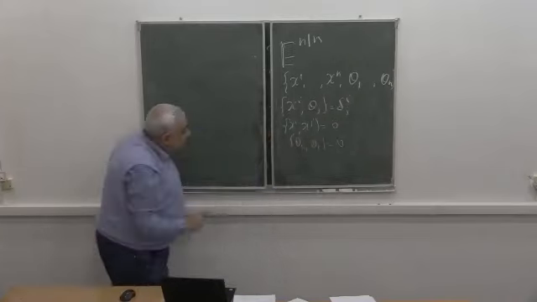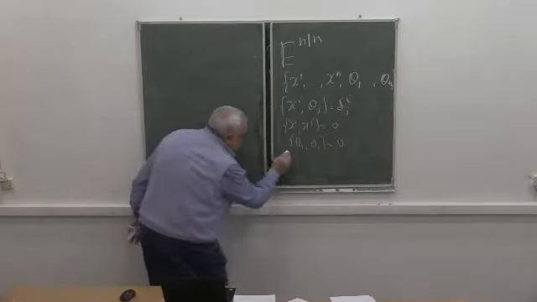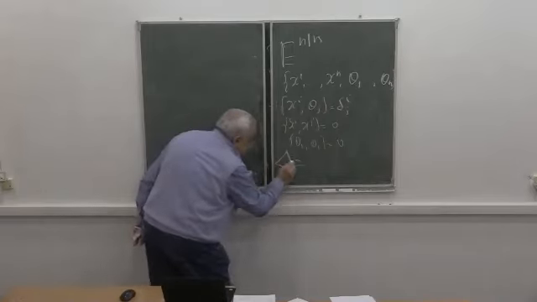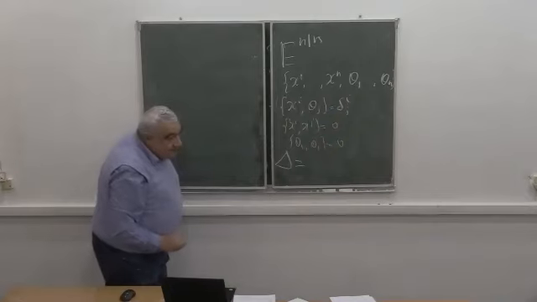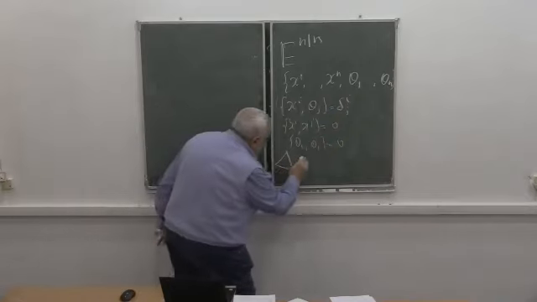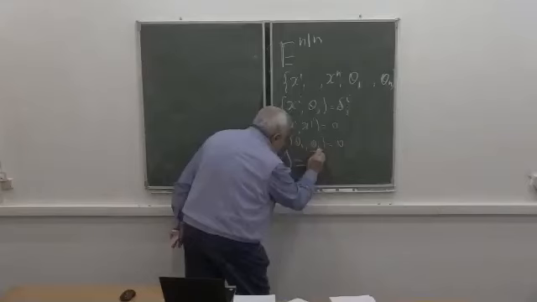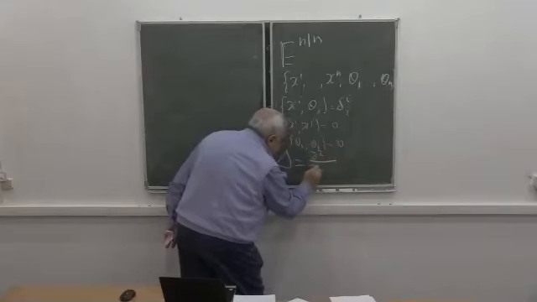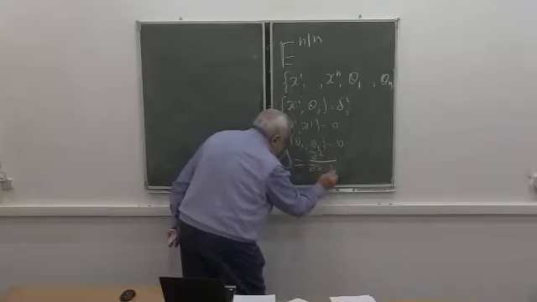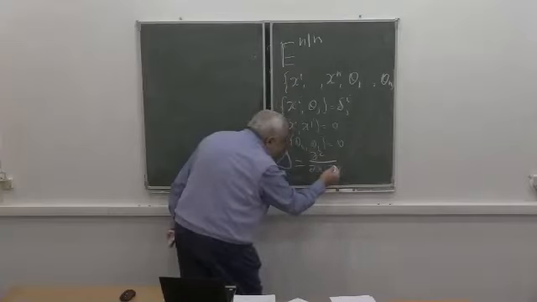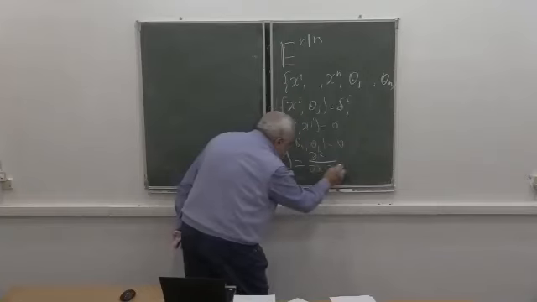It's okay, there is no problem. The delta operator, I will write it now. And it will be the second derivative, d squared over dx^i dtheta_i.